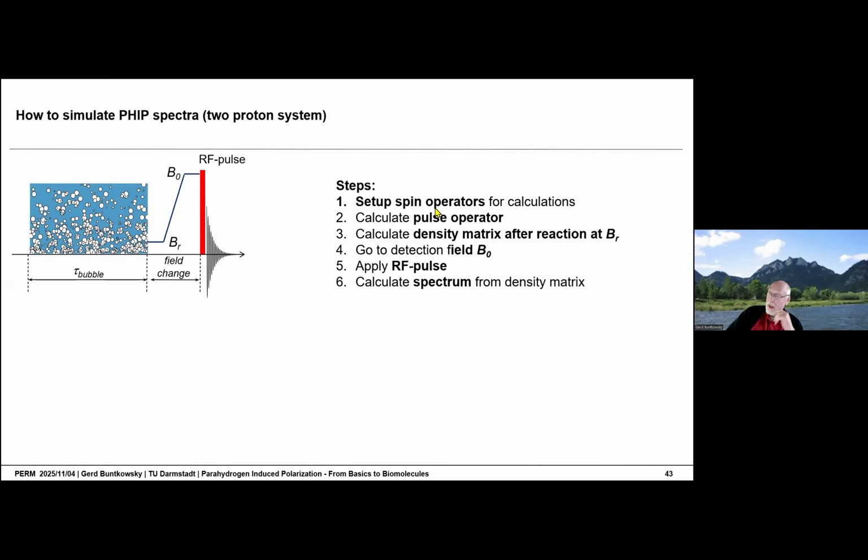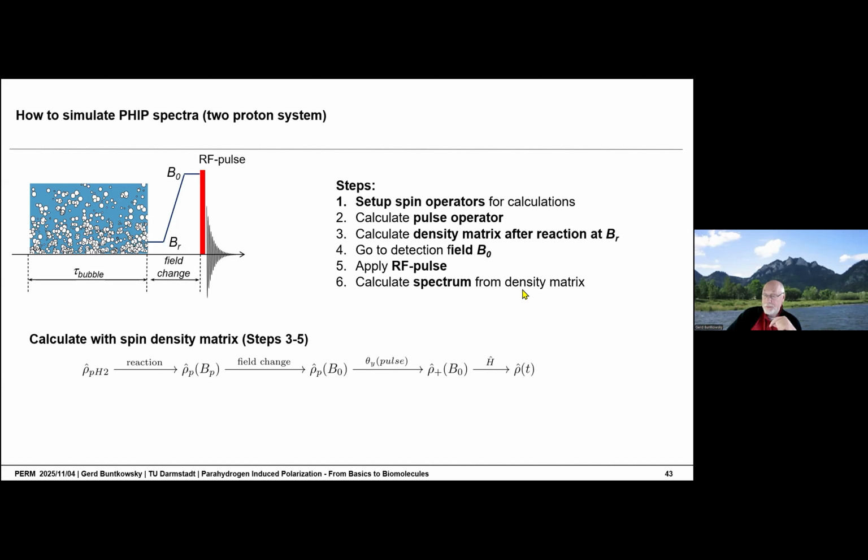When you want to calculate it, you have to follow these 6 steps. First, you just have to set up some spin operators for doing the calculation. You should calculate the operator for a detection pulse. You calculate the density matrix at the end of the reaction. Then you change from the reaction field to the detection field. You apply your pulse, and you calculate the spectrum from the density matrix.